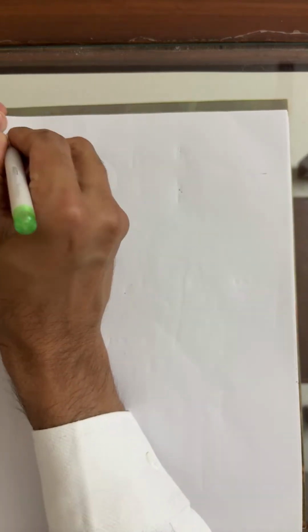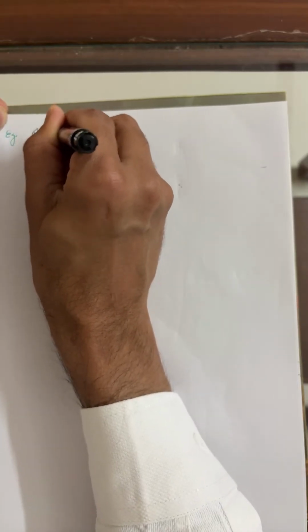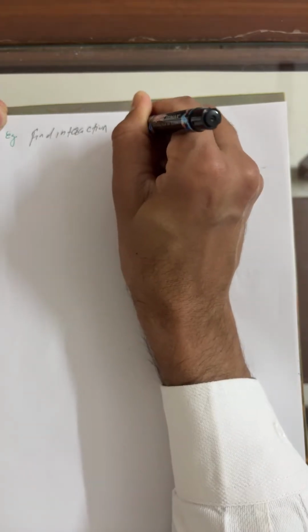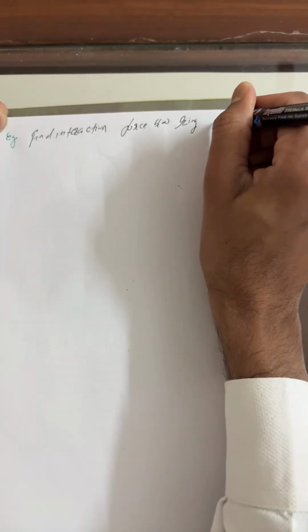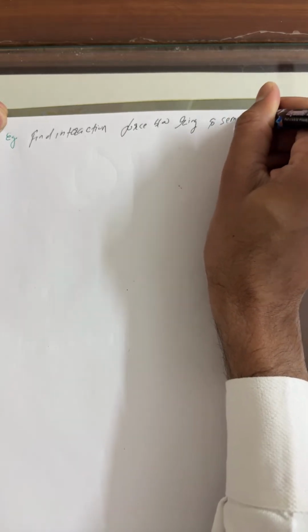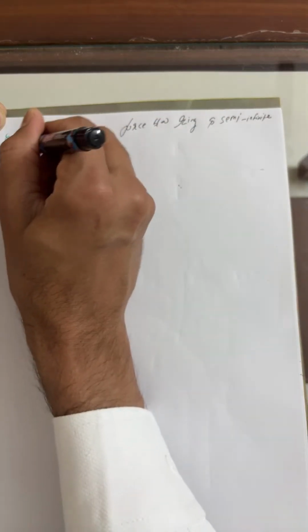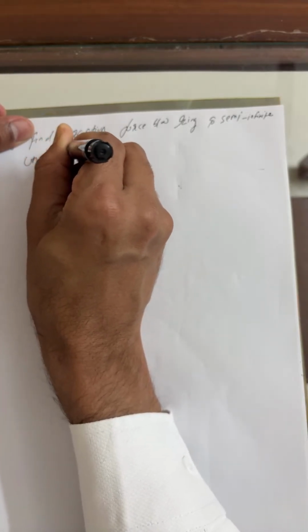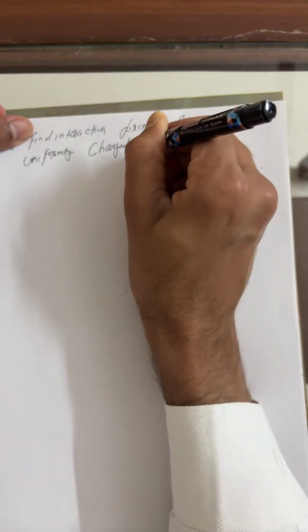Next question. So what's the question? Find, these are all standard questions, very standard questions. Find the interaction force between a ring and a semi-infinite uniformly charged wire.